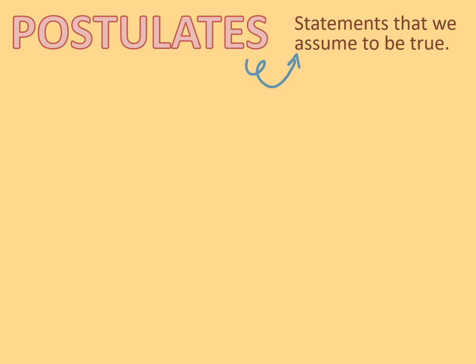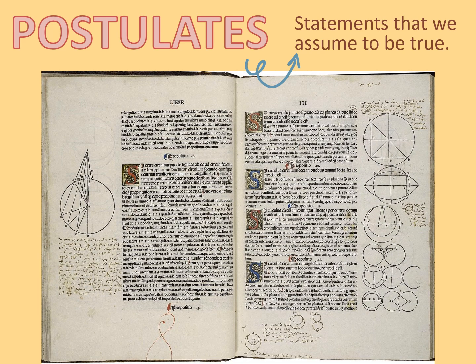Some of the earliest records that we have of postulates in geometry come from the mathematician Euclid's book, The Elements. Here's a screenshot that I found online of one page in Euclid's book. It is a collection of definitions, postulates, theorems, and proofs in geometry.